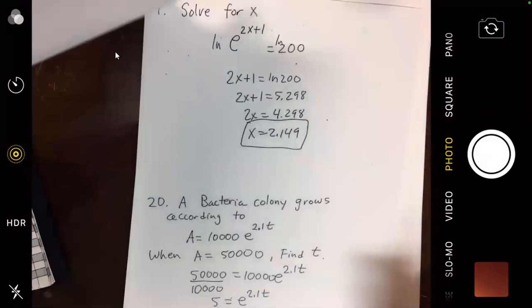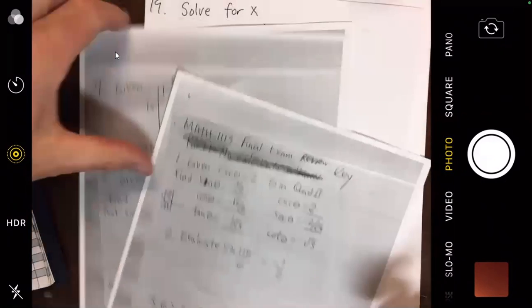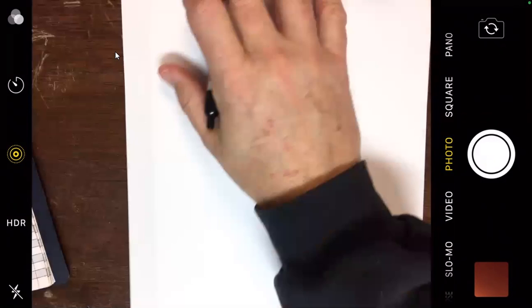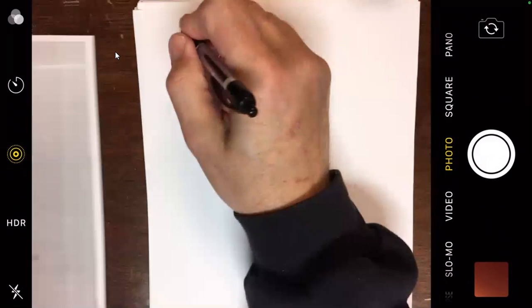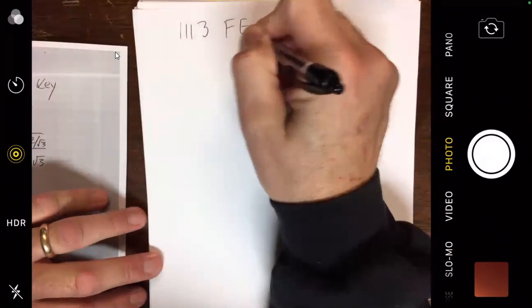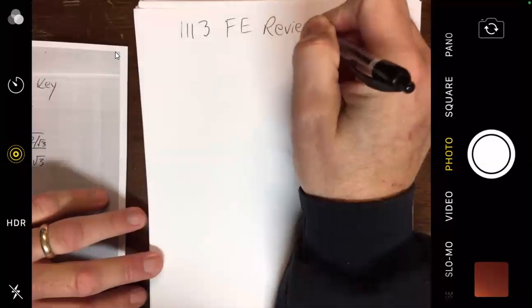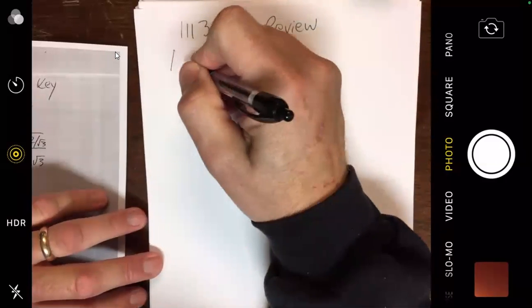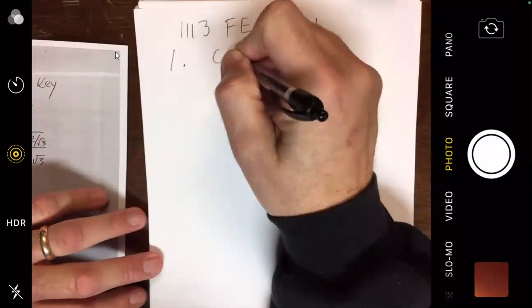All right, let's see. So charge into problem 1 on the 1113 review. Problem 1, you're given cosecant of theta.